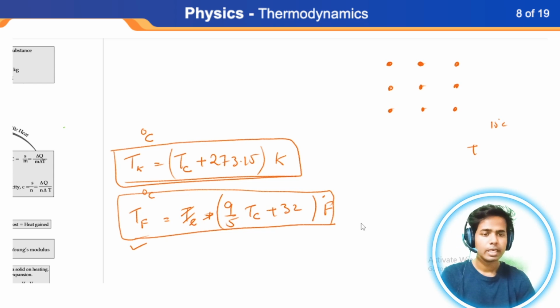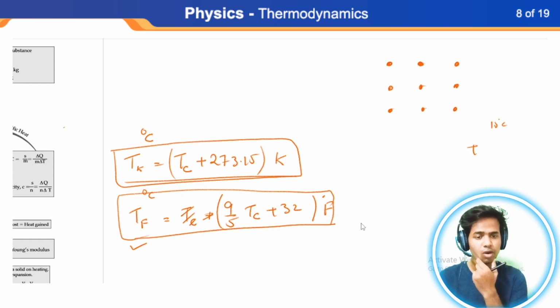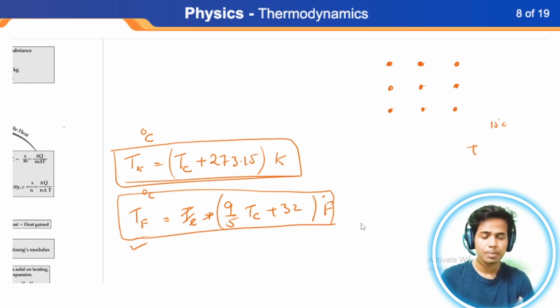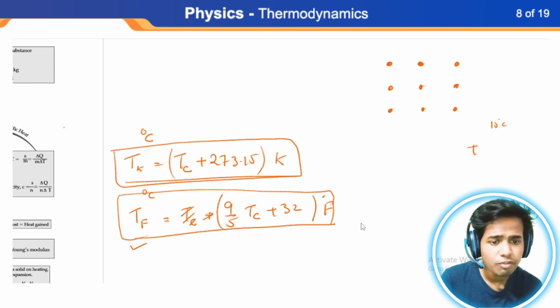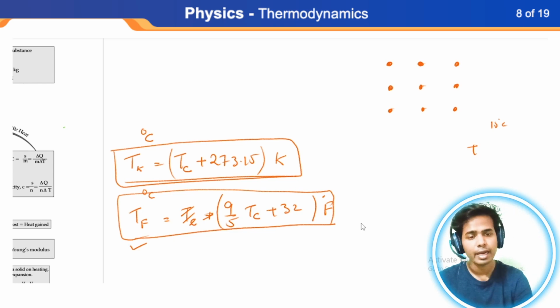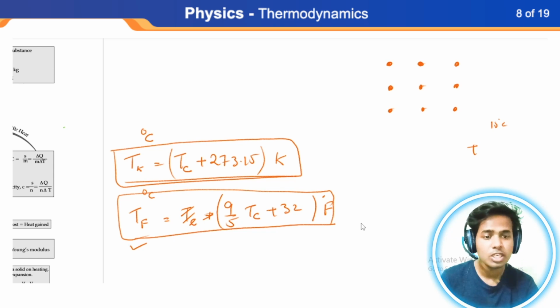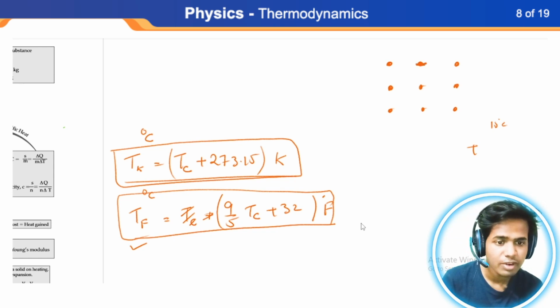That is why it is having some heat. The moment we say that it has some non-zero temperature, greater than 0 Kelvin, then it has some energy in the form of heat, which at the atomic level is vibrational kinetic energy. So the atoms are vibrating about their mean positions.